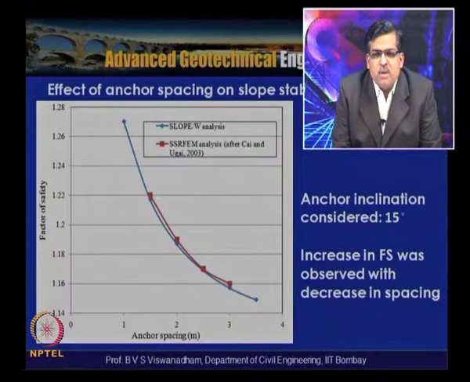One also needs to consider the position of the anchor, that means where we are putting the anchor. In this particular case a single row of anchors was located at the mid distance of the slope.